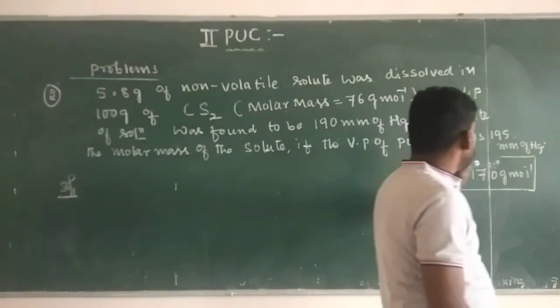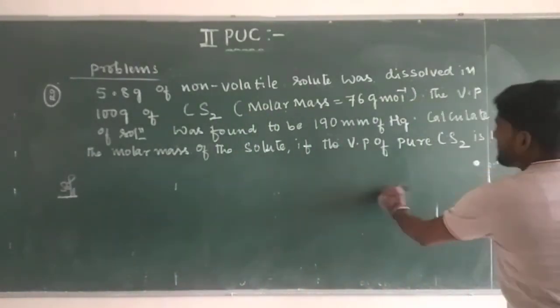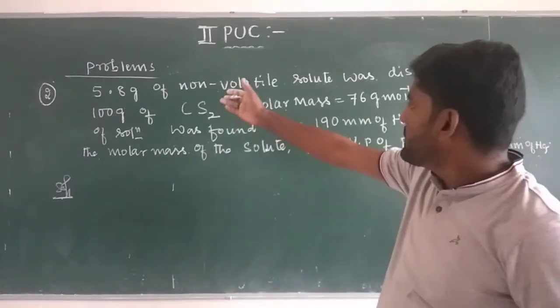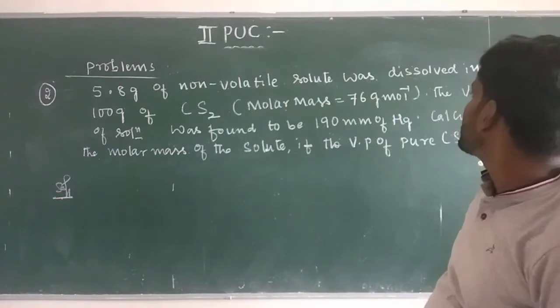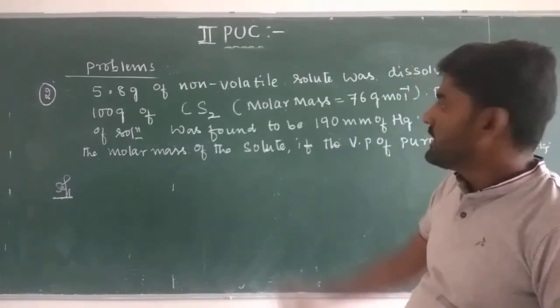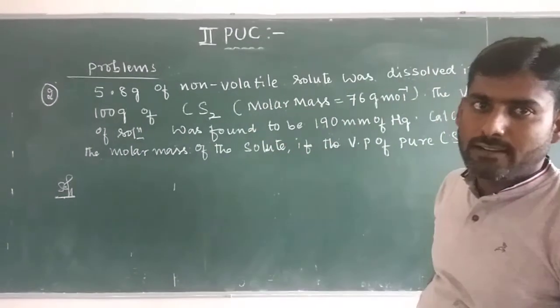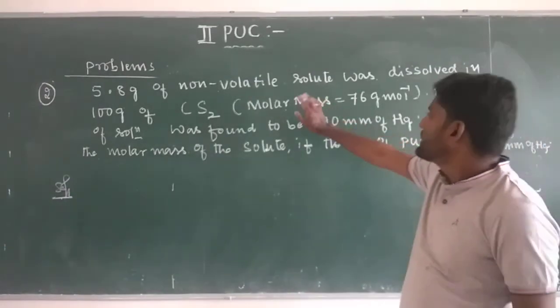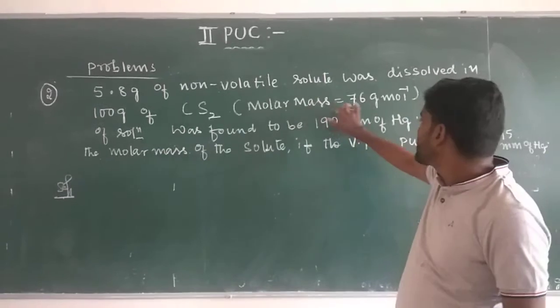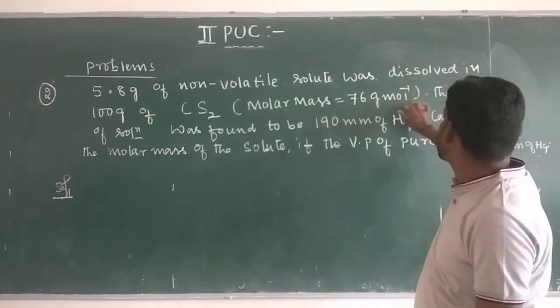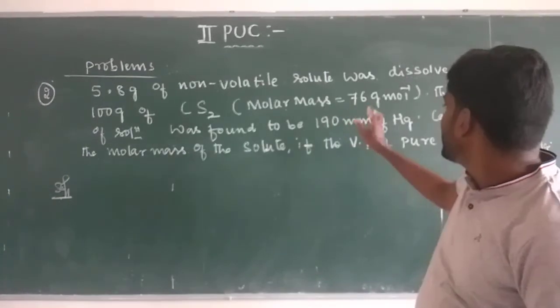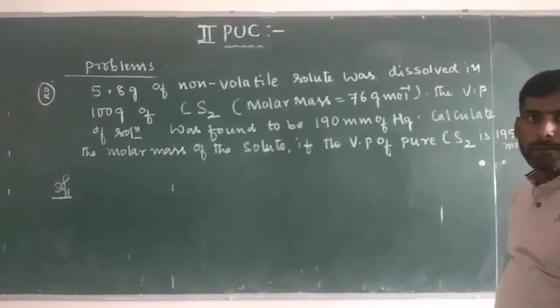So this is the second problem on relative lowering of vapor pressure. 5.8 gram of non-volatile solute was dissolved in 100 gram of carbon disulfide. Here carbon disulfide is the pure solvent and has a molar mass of 76 gram per mole. The vapor pressure of solution was found to be 190 millimeter of mercury.